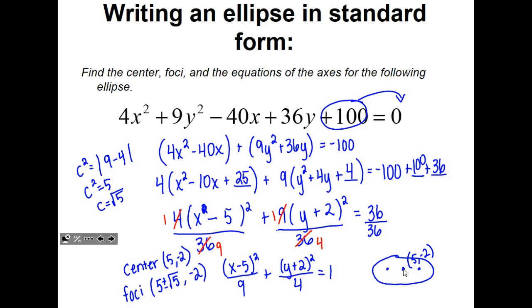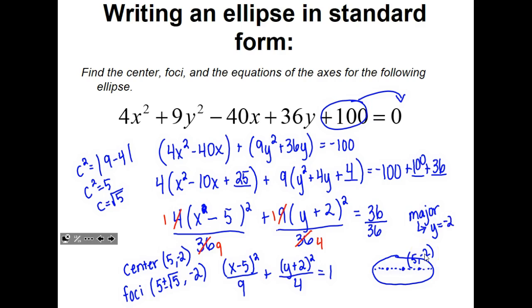All right. Then the last thing I have to tell are my axes. And so this is a wide ellipse, so the horizontal axis is the major axis, so the major axis is going to be horizontal. Horizontal lines are y equals a number, and the y coordinate here is negative 2, so this is going to be y equals negative 2.